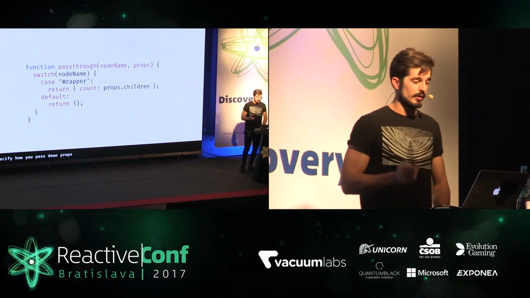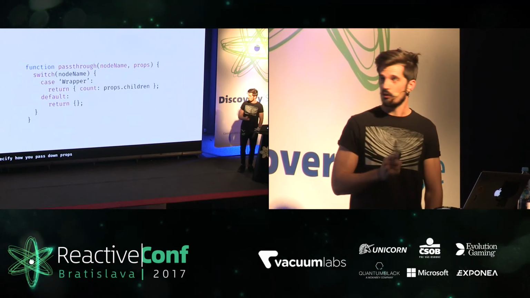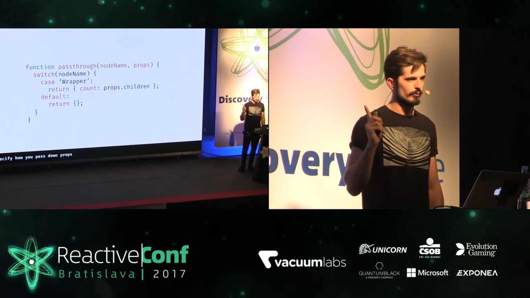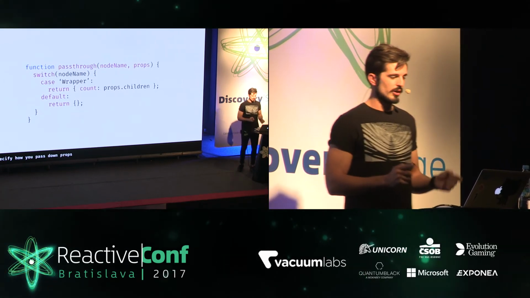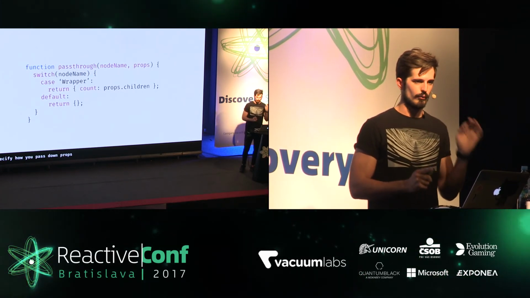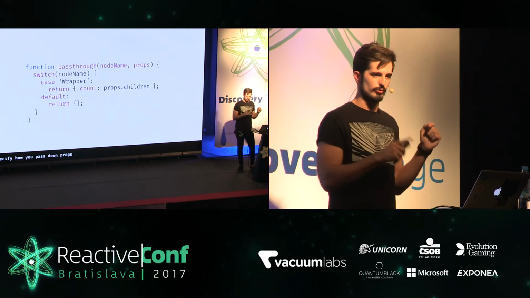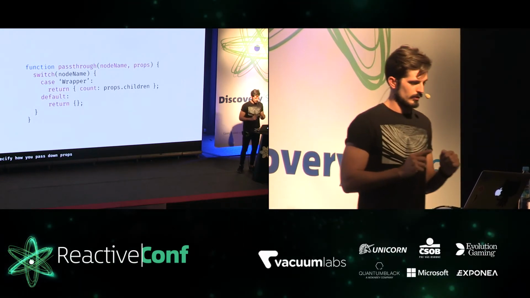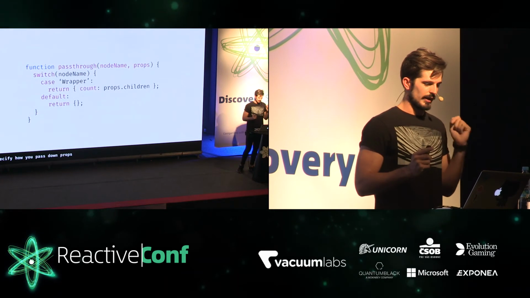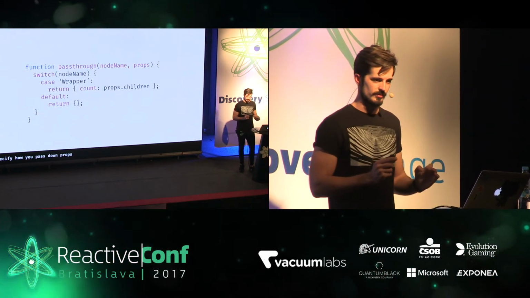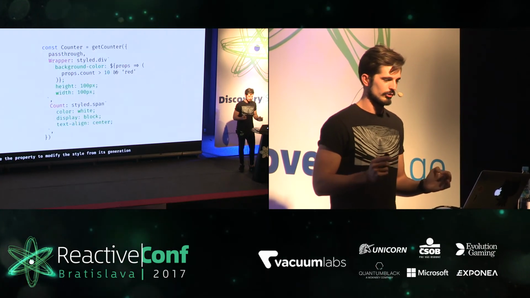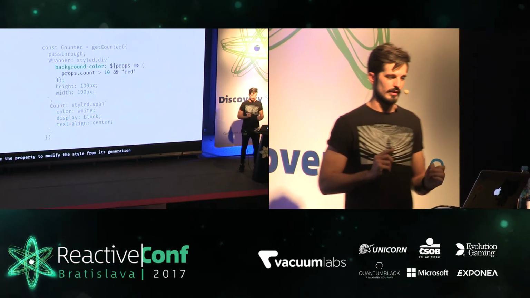I just say, if this function is being called with the wrapper component, for the wrapper I'm going to return this object that includes count, where count is the children of my counter element, right? And with that, I know that wrapper is going to receive this count property. So later, I can just use it like that.